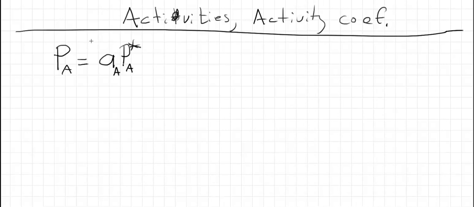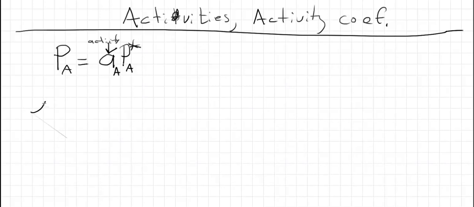Okay, so this is the activity, and it's basically an effective concentration. Once we write that, we can immediately see this is taking the place of mole fraction in real solutions. So this is actually true by definition.